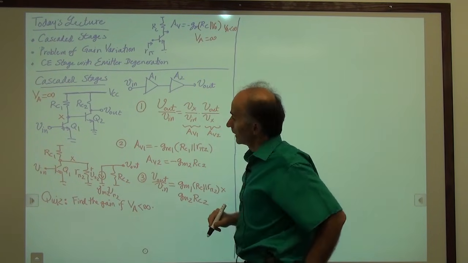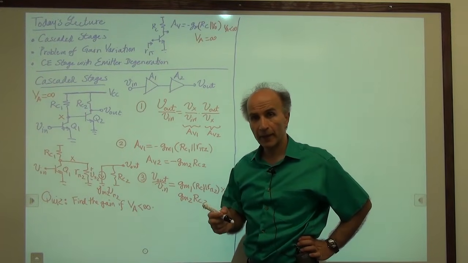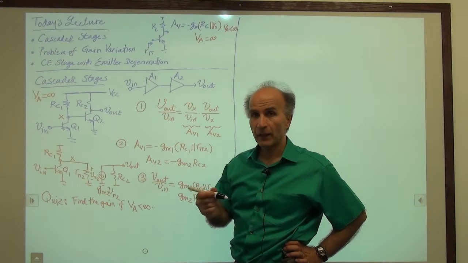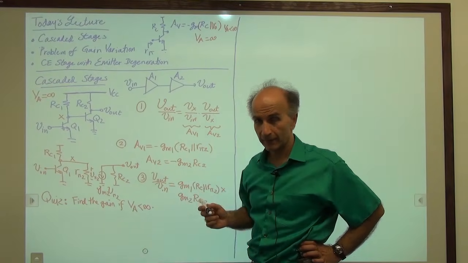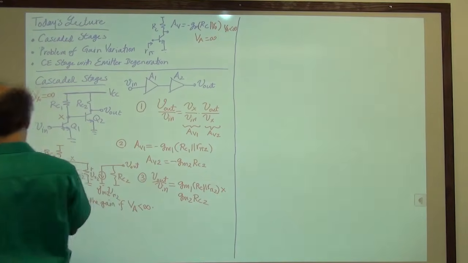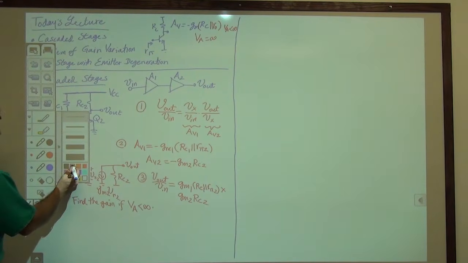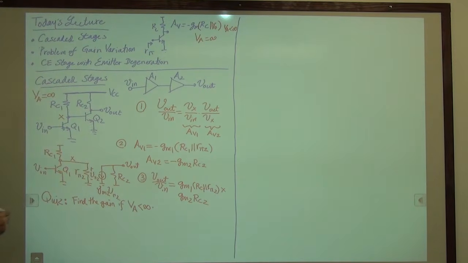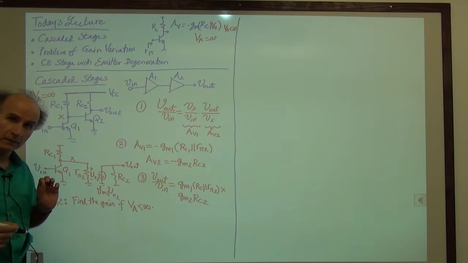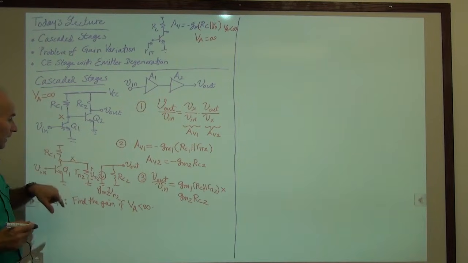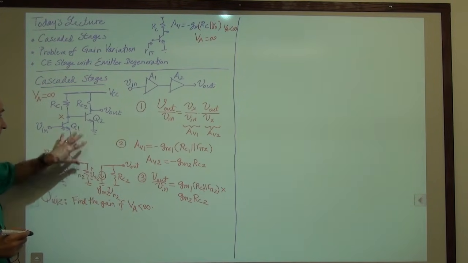Okay. How about here? How do we deal with that? Well, let's just go ahead and add the output resistance of the transistors inside the schematic. And for that, I will use a different color to make it clearer. So let's use brown. Now, you can add RO1, the output resistance of Q1, here in this schematic or in this schematic.